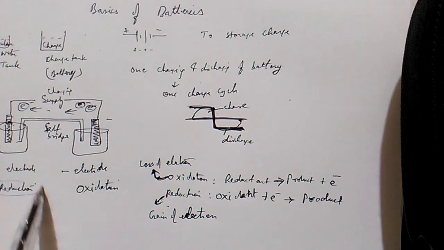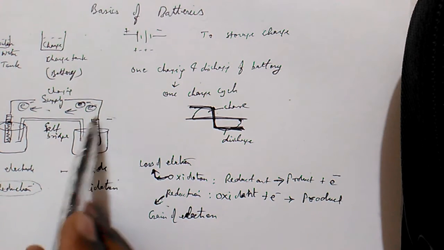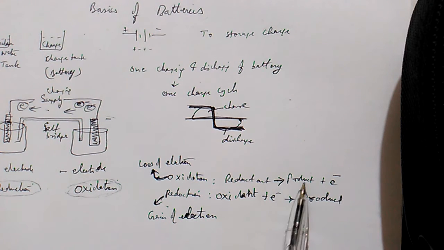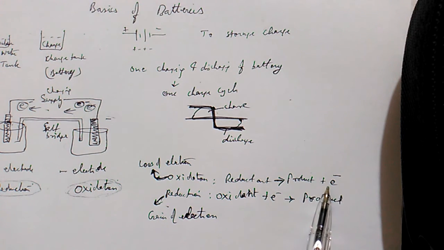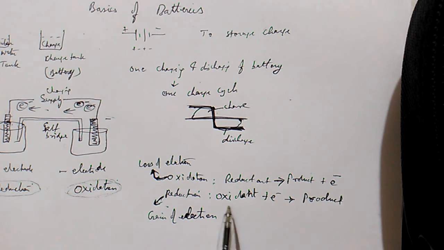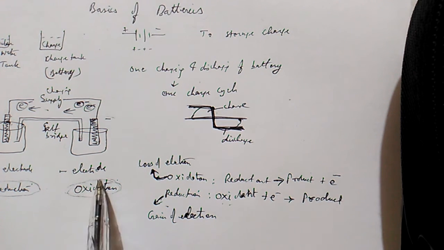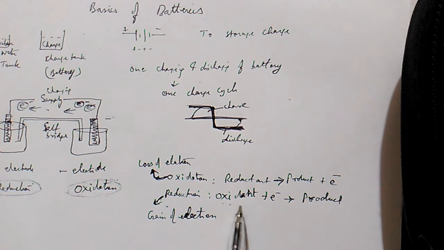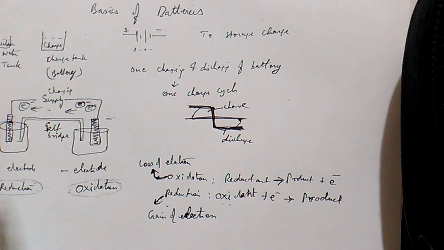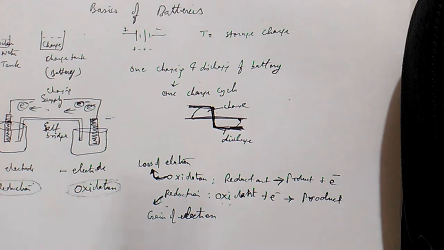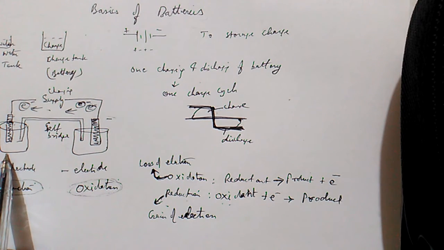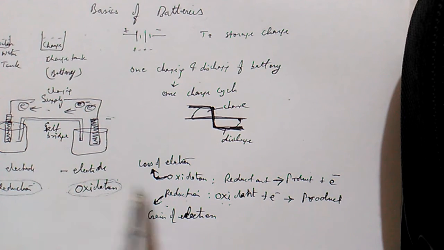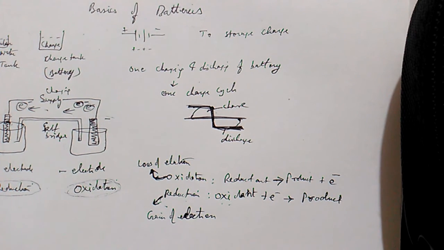So this is called reduction, and this electrode has the oxidation process. Oxidation means product plus electron. When electrons move to this side, reduction happens here: oxidant plus electron gives product.